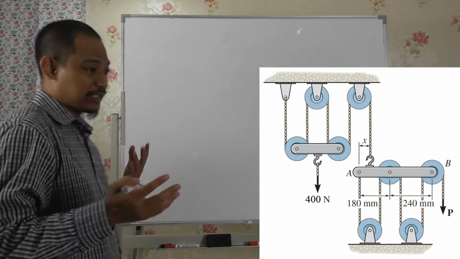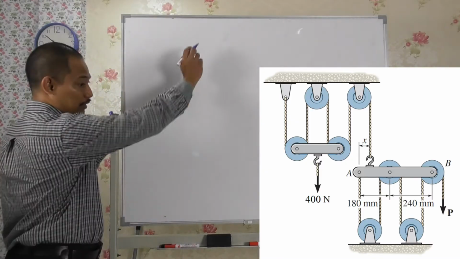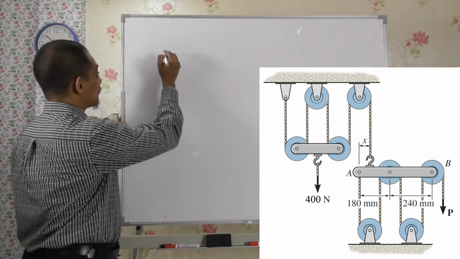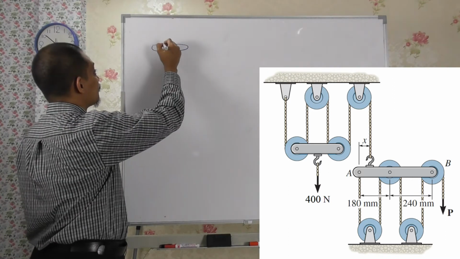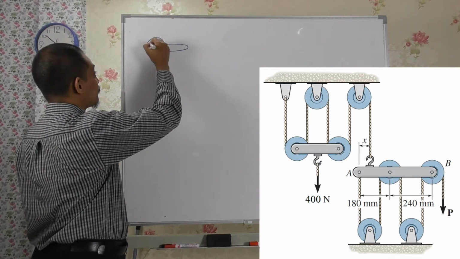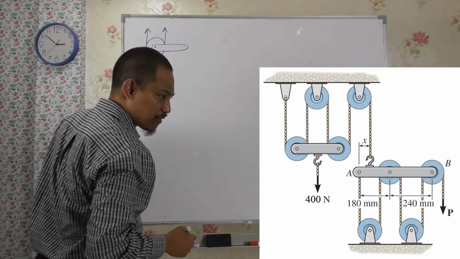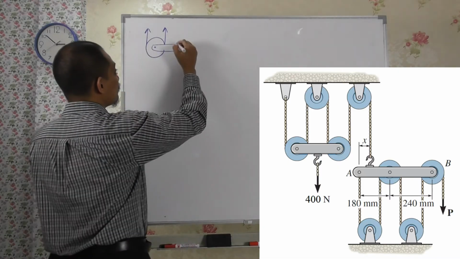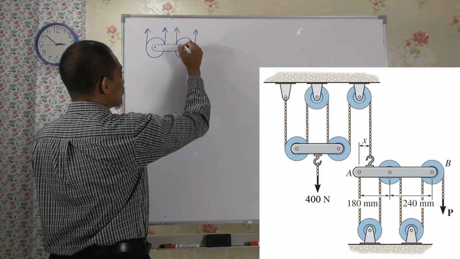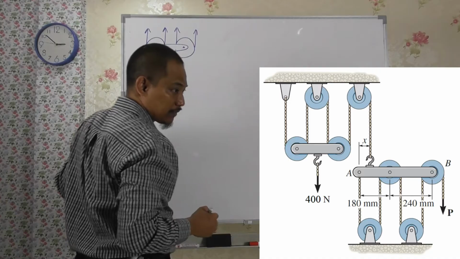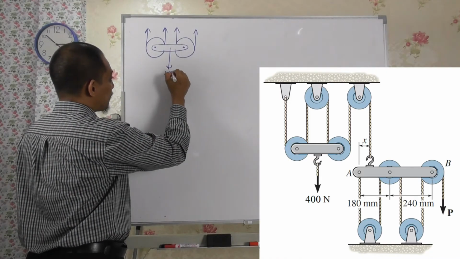So we will start with the free body diagram, and we will start where we have the value there, right? On the left side there, for this pulley here, you have force upwards, right? And then you have something here as well, force upward, right? And then you have 400 Newton here.